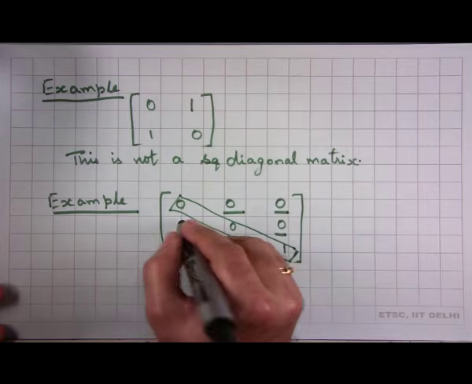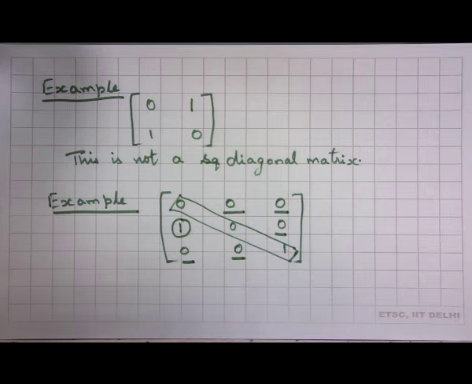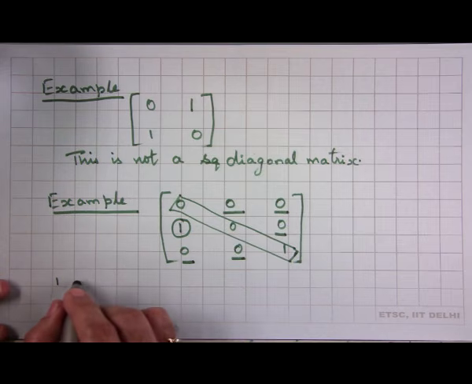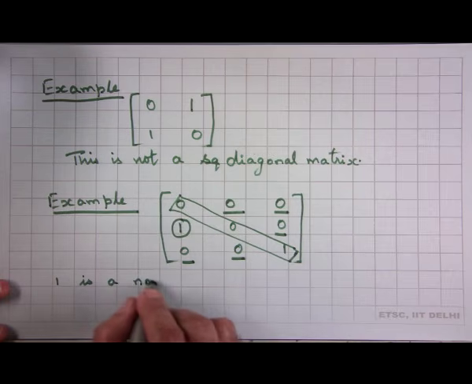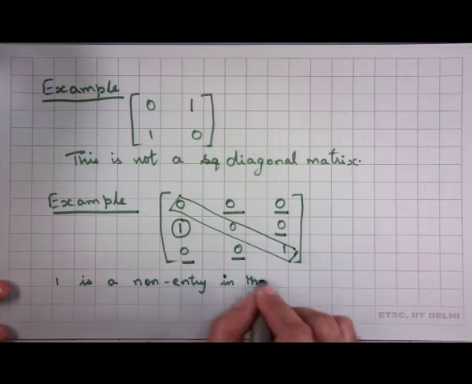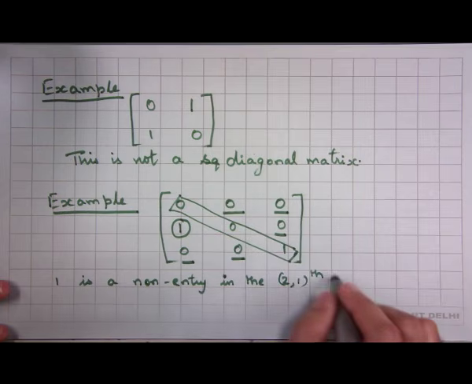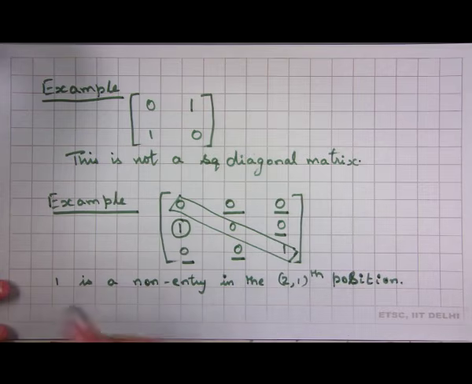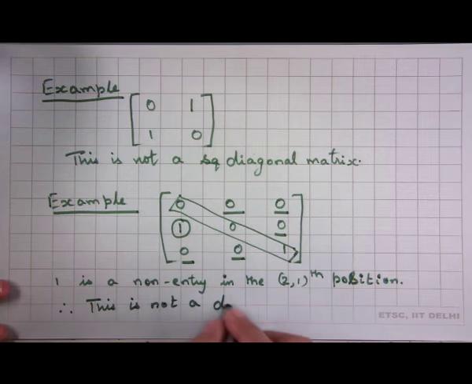But if you look at this entry, this is a non-zero entry which is not a diagonal entry, right. So, 1 is a non-zero entry in the 2th position. Therefore, this is not a diagonal matrix.